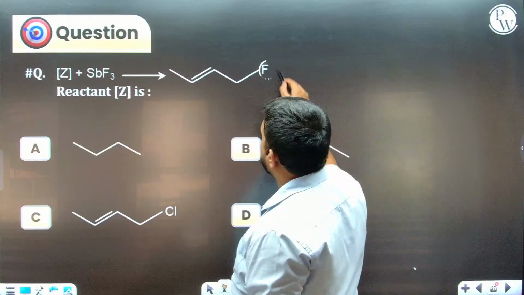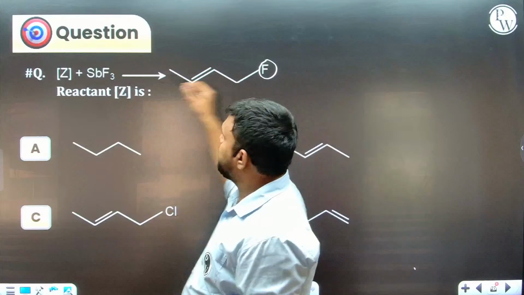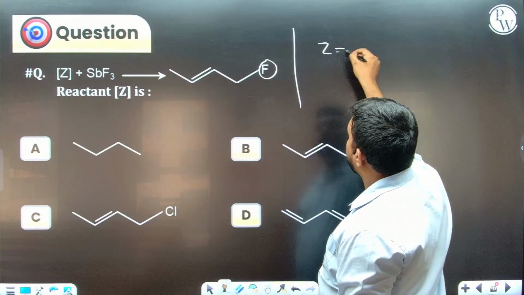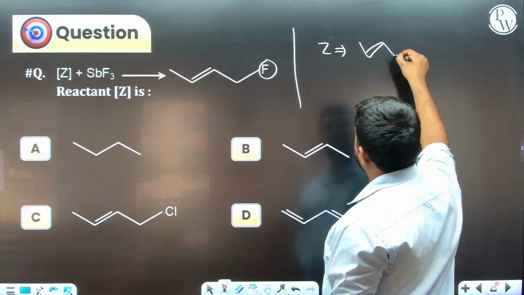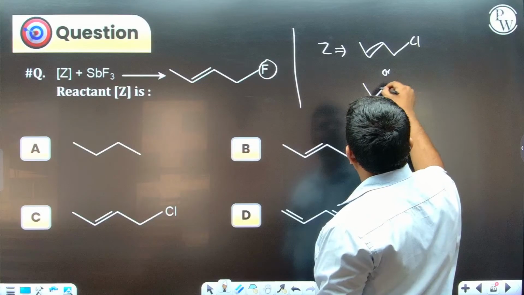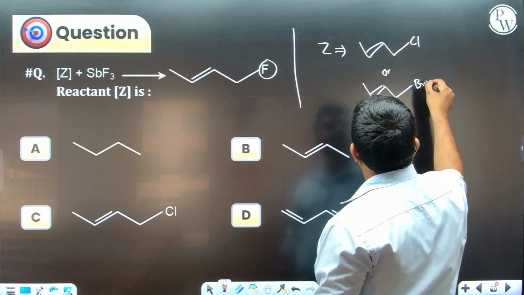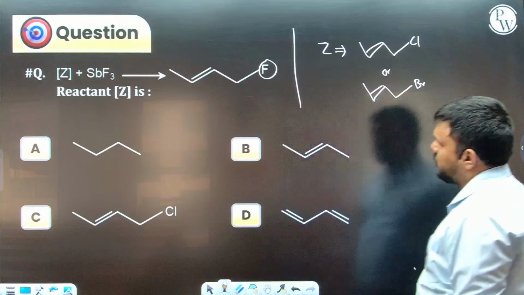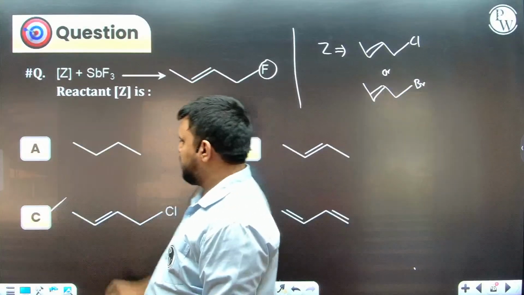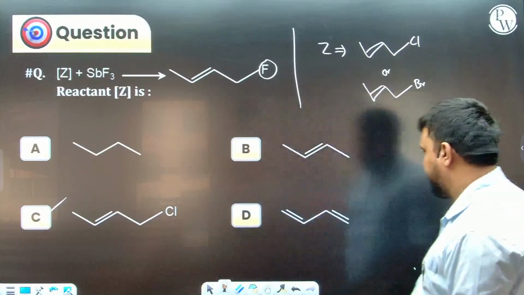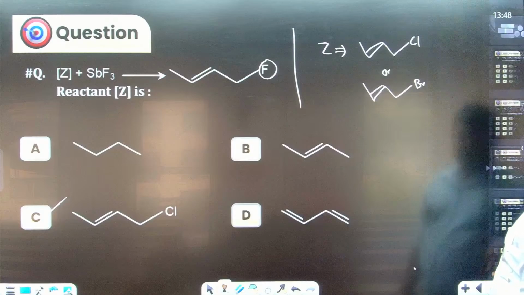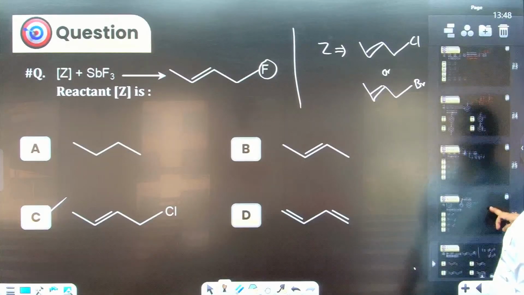So in place of fluorine, in this Z we will be having either bromine or chlorine. Either chlorine will be there or bromine will be there. Okay, so from this they have given us the chloro one, that is the C option will be the answer over here. So let us now move forward.